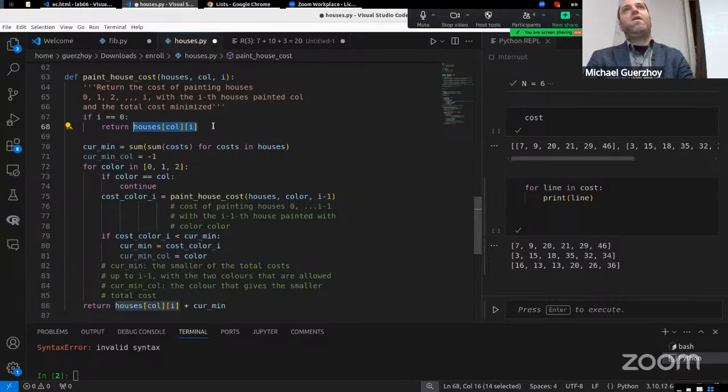Right? Otherwise, we need to try paint house cost with the other colors up to I-1, see which one is smaller, and add the current cost as well. Is that making sense to people?